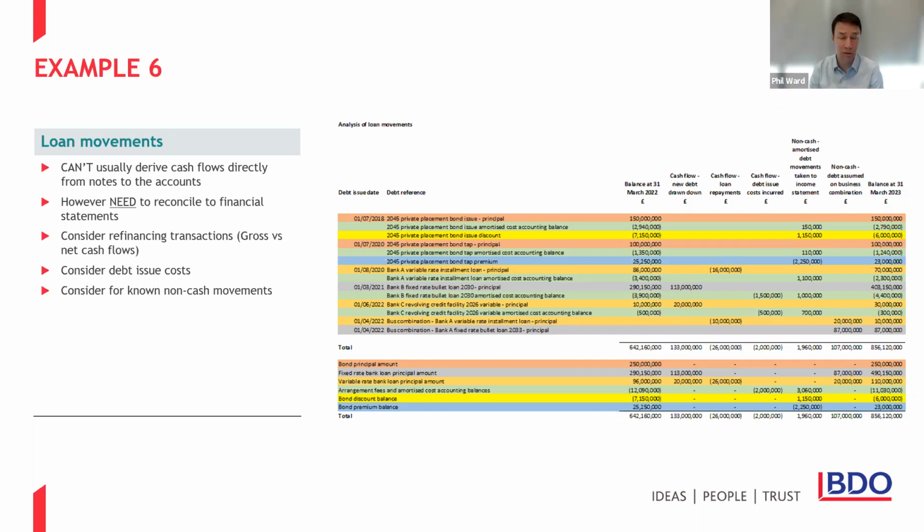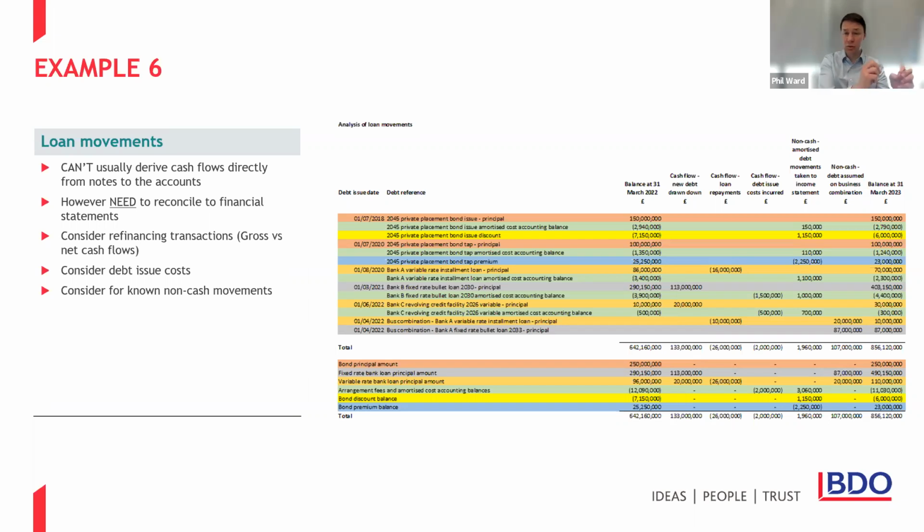So cash flow movements, as you'd expect, would be new debt drawdowns, loan repayments, debt issue costs incurred. Non-cash movements might be the amortization of debt to the income statement. As you know, you account for your debt on an amortized cost basis.